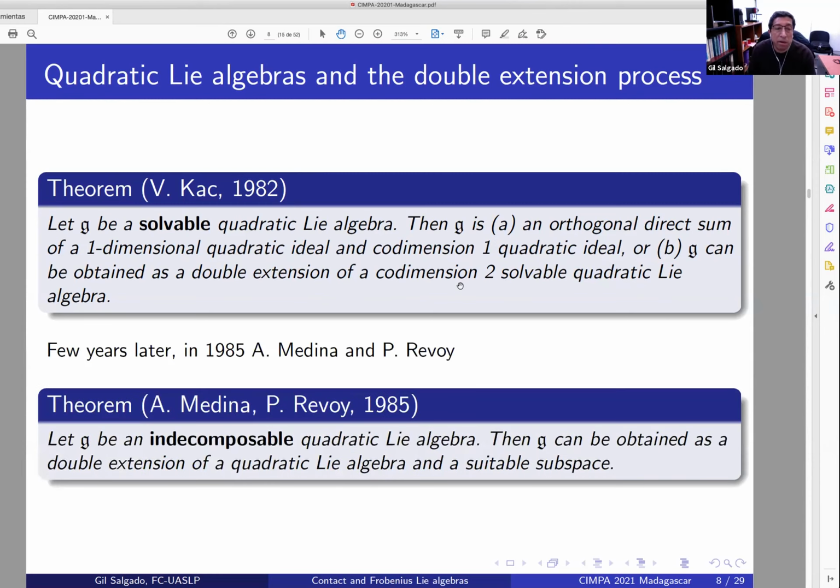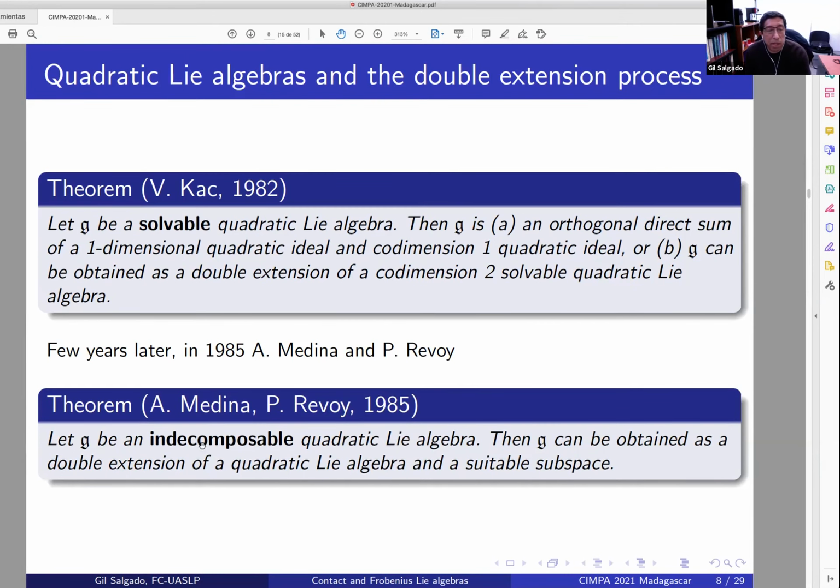A few years later, in 1985, Alberto Medina and Philippe Revoy generalized this theorem. They proved that we can delete the condition of G being a solvable Lie algebra.